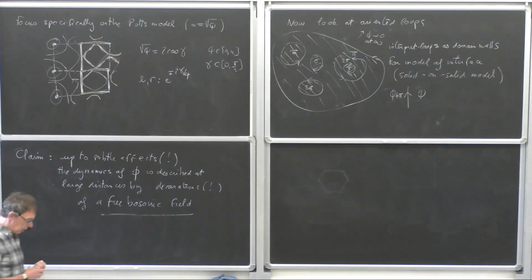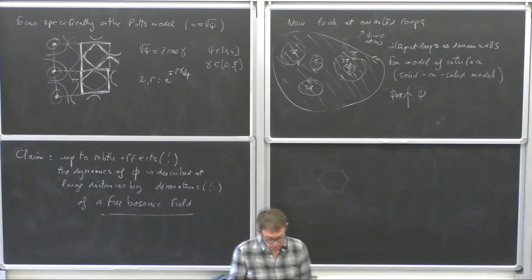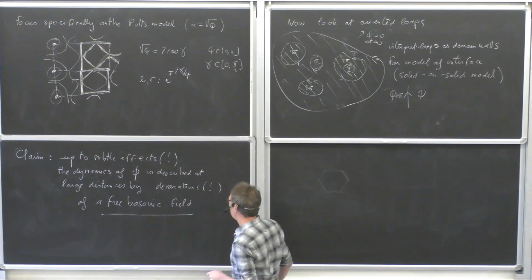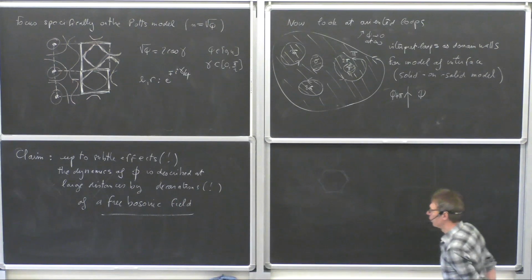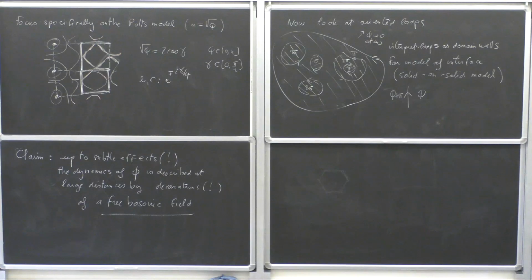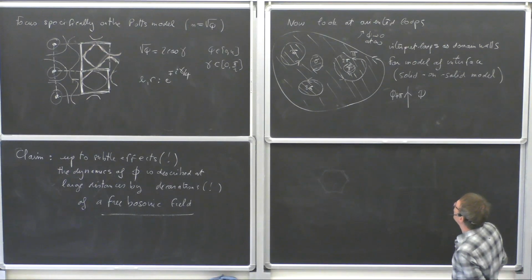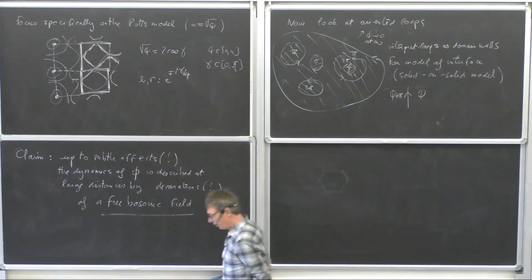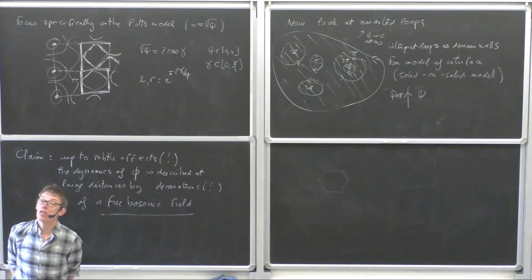Nonetheless, it is kind of striking that this will be true, and it's not totally obvious, so there will be many subtle effects, point number 1. And point number 2, there will be the decorations of the free boson, which are also subtle things to take into account. But what I'm saying morally is that the dynamics of phi at large distances is pretty much described by simply a Gaussian action.